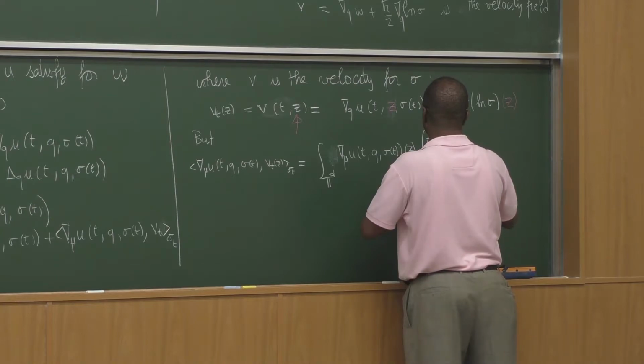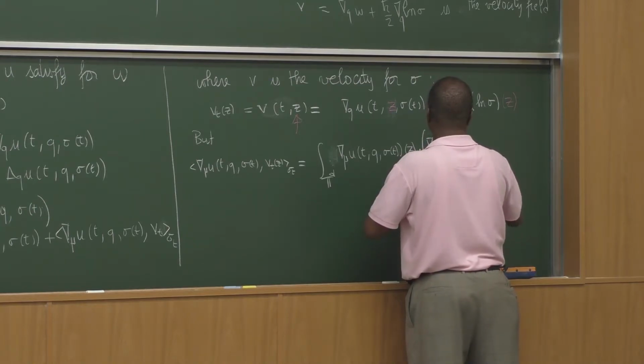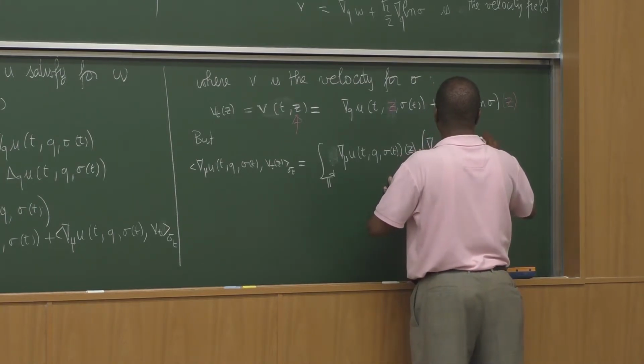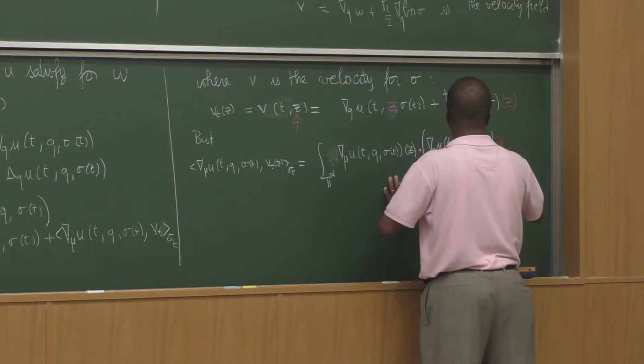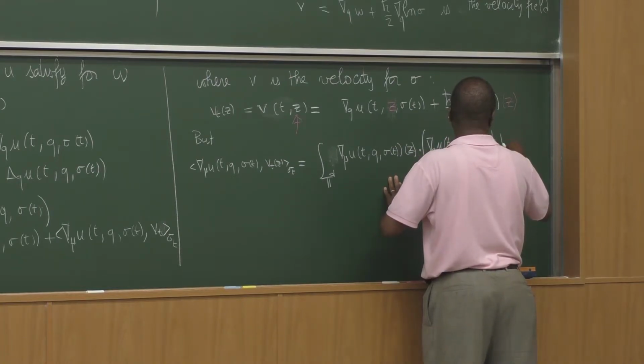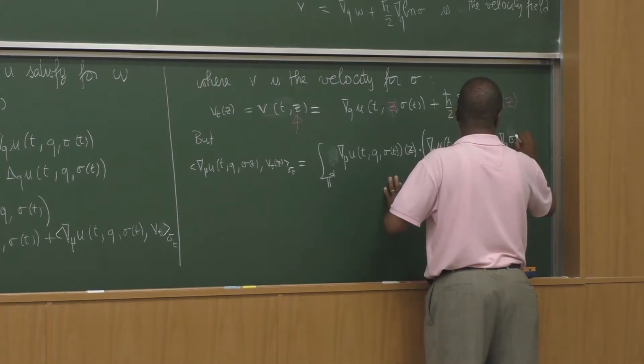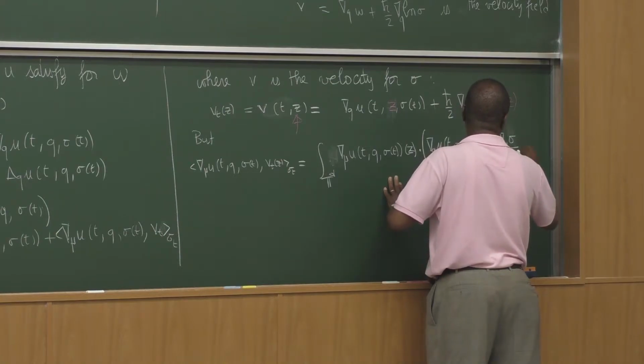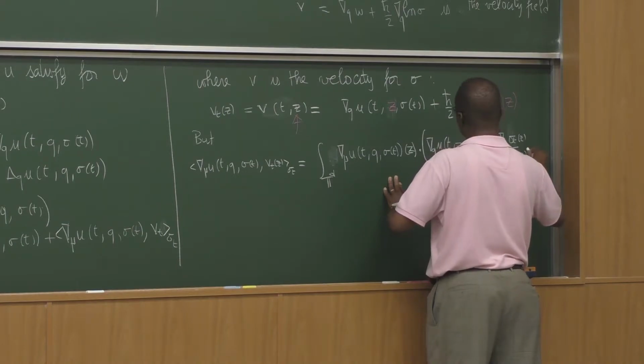Gradient q of U at t, z, sigma t plus h bar over 2 gradient q of log, and I am going to write it gradient q of sigma divided by sigma t at z, the whole thing times sigma t dz.